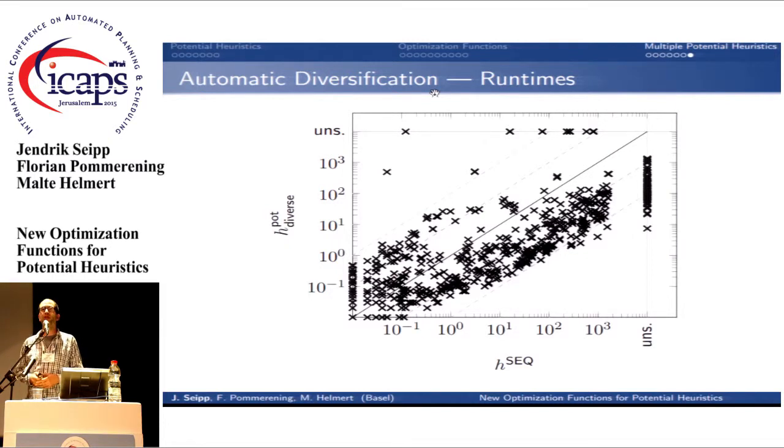Here we have the runtimes of the two heuristics, and here is 20 seconds. For all tasks where the state equation heuristic needs more than 20 seconds, the diverse potential heuristics are actually much faster, often by an order of magnitude. This is the reason for the potential heuristics solving many more tasks.